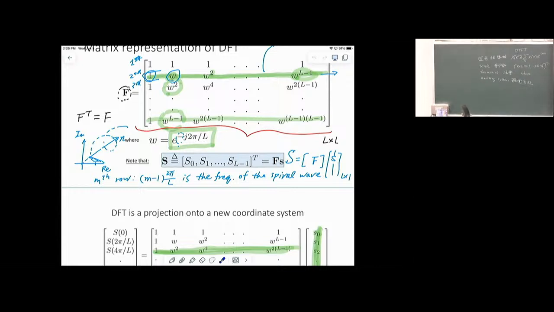Each step is going clockwise by an angle, and then rotating further by that angle, and then rotating further by that angle. So in there it has a spiral shape that goes this way. Goes this way. Okay. Now think about this. Okay, spiral waves.